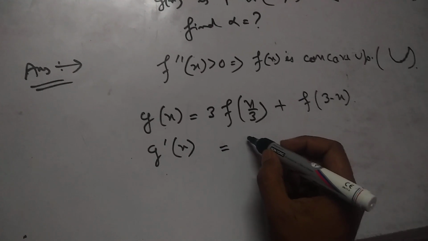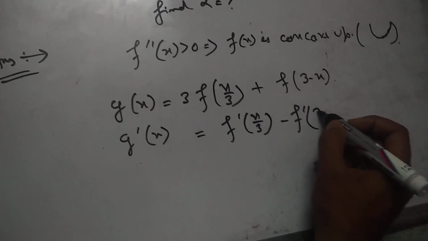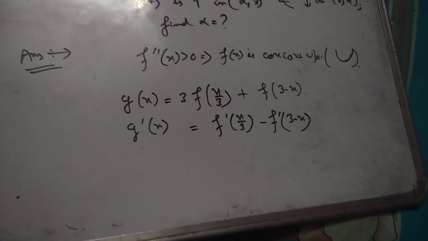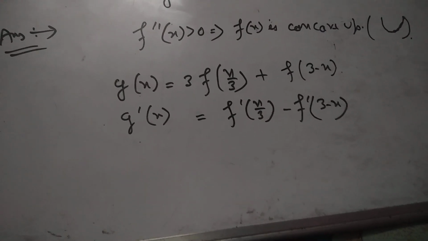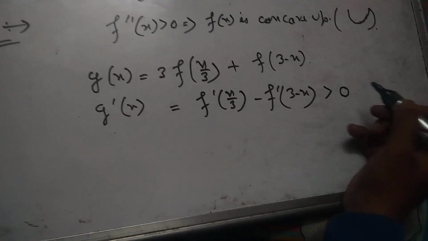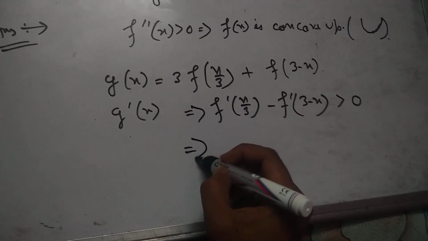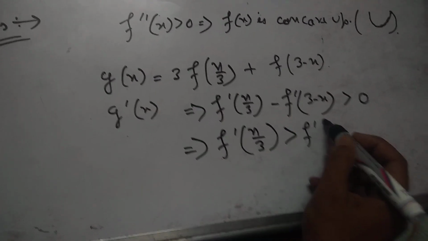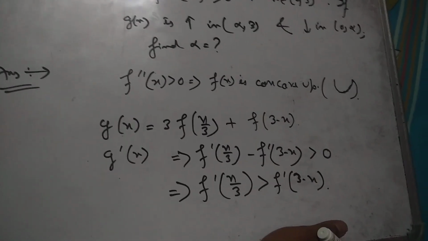So if I differentiate it, I get f dash (x/3) minus f dash (3 minus x), right? So now what to do? First of all, for increasing function, g dash x is always positive, right? So we get f dash (x/3) greater than f dash (3 minus x), for increasing.